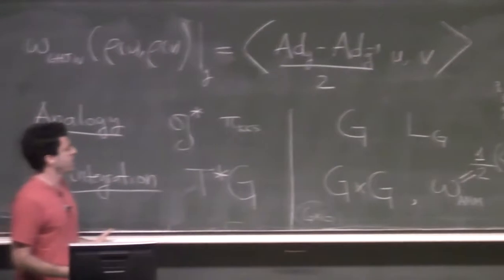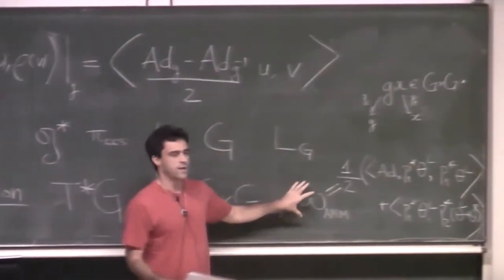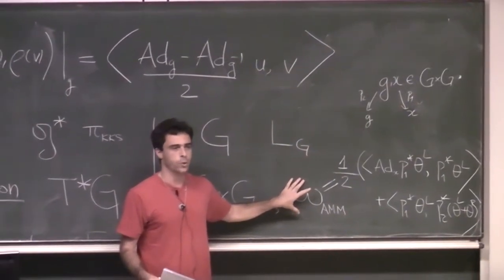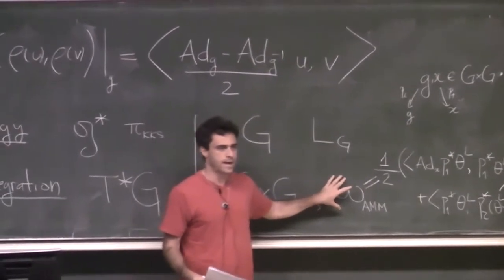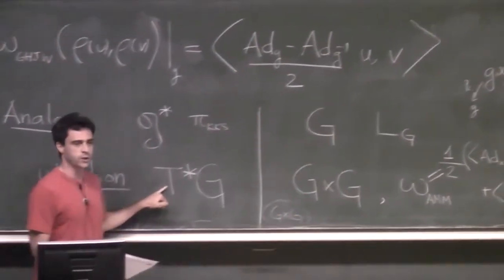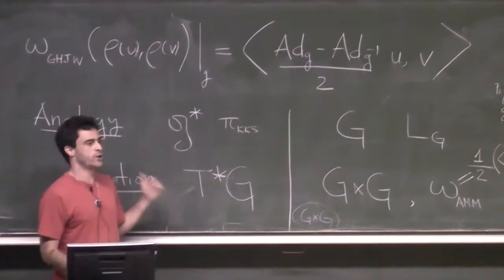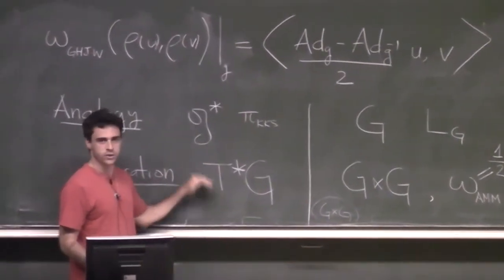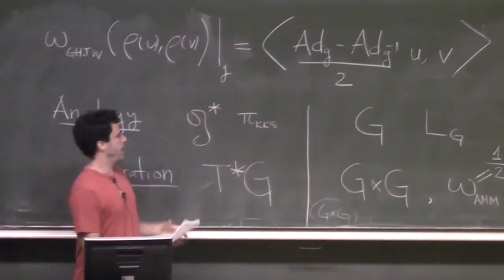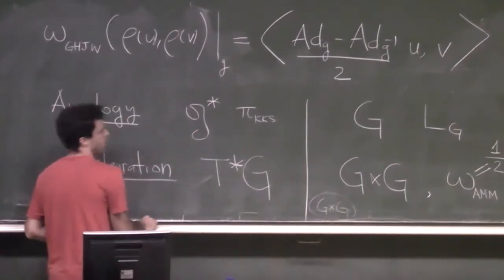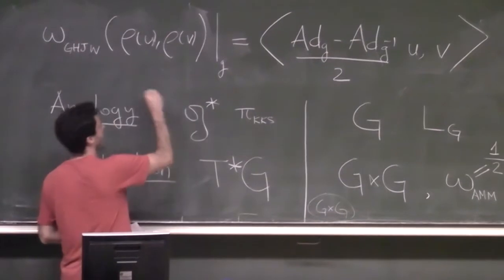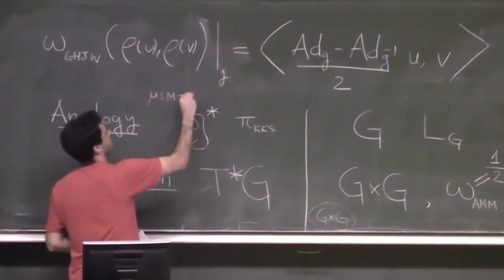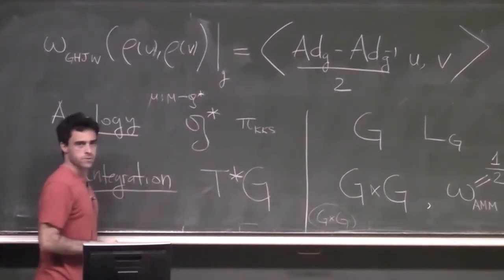So Anton yesterday was saying that you should think of this, in the theory of group-valued moment maps, as really the analog of the cotangent bundle. And I'm just in a way justifying it even more. The cotangent bundle is the integration of the dual of the Lie algebra, and duals of Lie algebras are targets of moment maps.